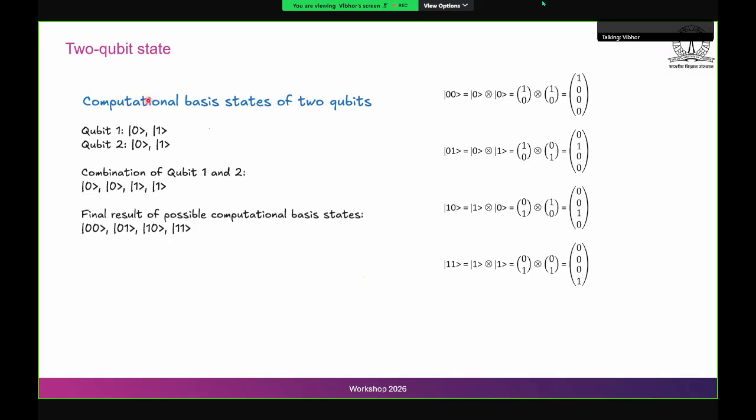So a 2 qubit state, for example, will live in a 4-dimensional Hilbert space. If we have labels for qubit 1 as 0 and 1, and a similar label exists for qubit 2, we have a combination of these two, and the possible computational basis states could be 00, 01, 10, and 11.